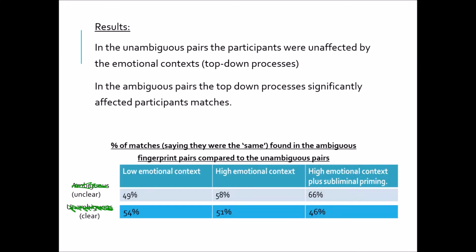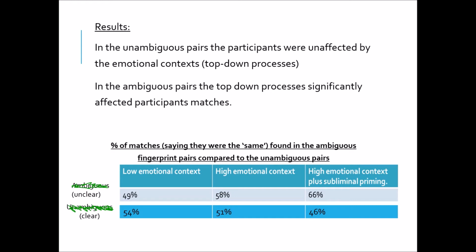So if you just look at the table in your notes, you can see the percentage of matches, so these were where the participants said that the fingerprints were the same as the ones that they were presented with, in the ambiguous compared to the unambiguous pairs.